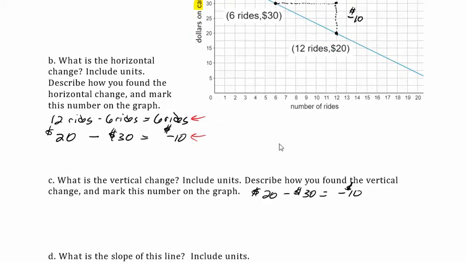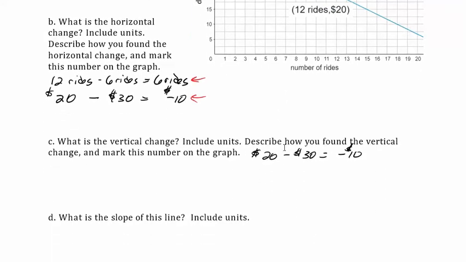Okay. So part D says, what is the slope of this line? So the slope, and it says include units, is the change in y, which is negative $10, divided by the change in x, which is 6 rides. So now I want to take 10 divided by 6. You can punch it into your calculator if you like, or reduce it down. 10 divided by 6 is 5/3, which is 1 2/3, which is 1.6 repeating.